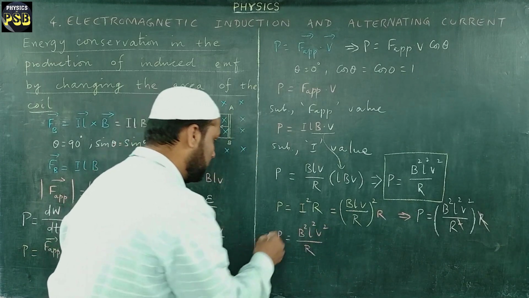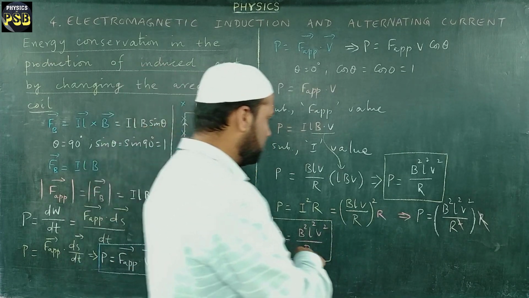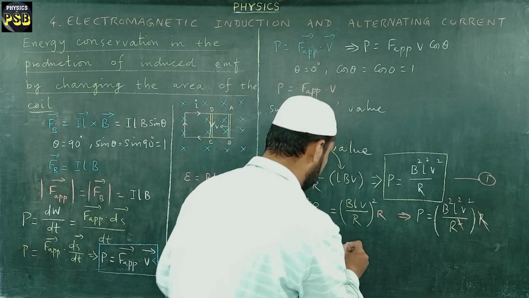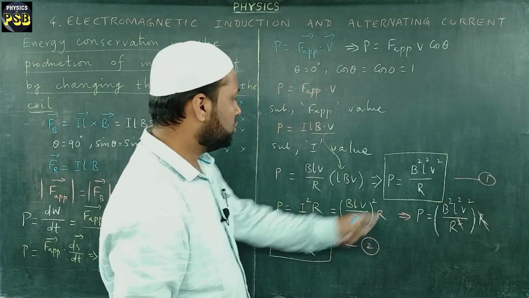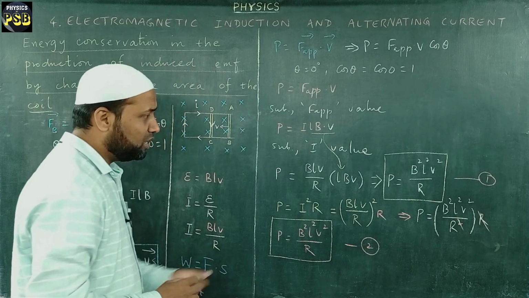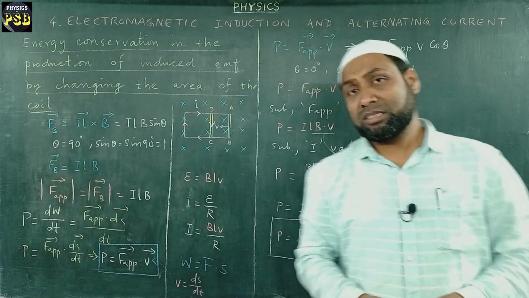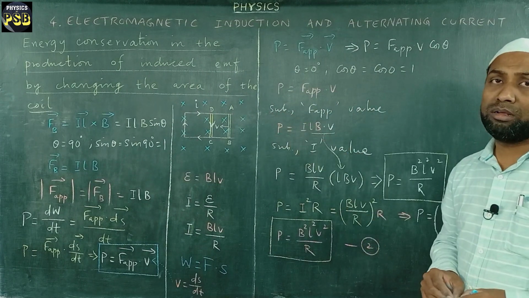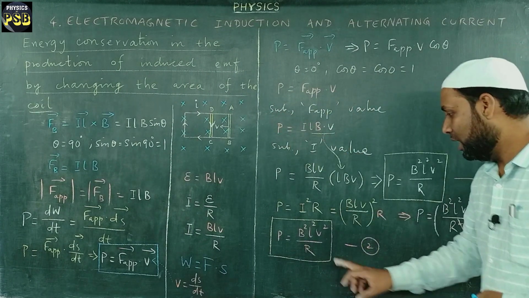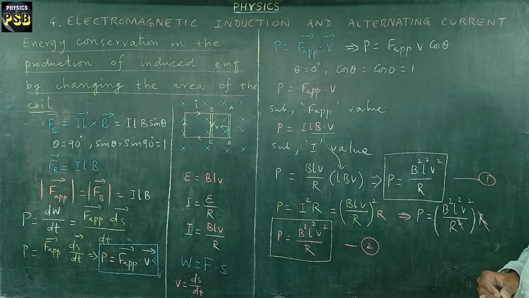I box this. Now, I name this as equation number 1 and this is equation number 2. If you compare equations 1 and 2, you'll find both appear similar to each other. This clearly shows that this represents the rate of work done to move the rod in the magnetic field, and this represents the power, the heat energy dissipated at any given time.